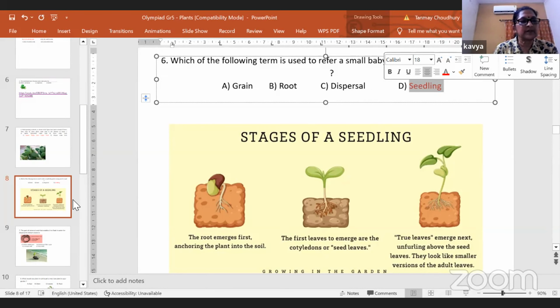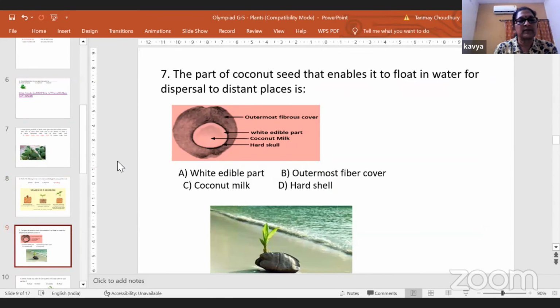The next one. This is another question about dispersal. I told you that dispersal takes place by explosion, that is the first thing I showed you, then by wind, by water, and by animals. So we've already done explosion. Now this is a coconut seed.